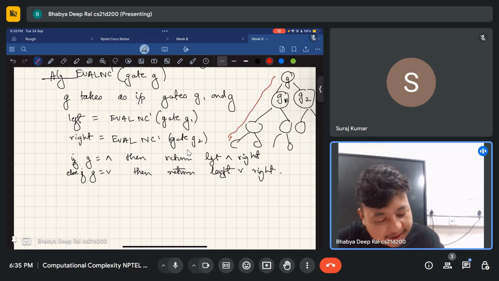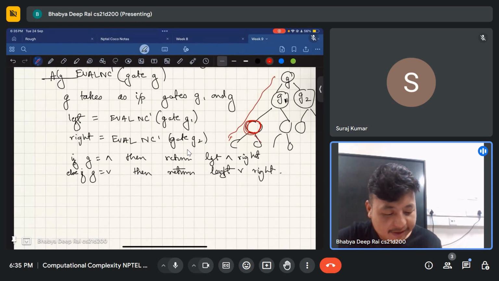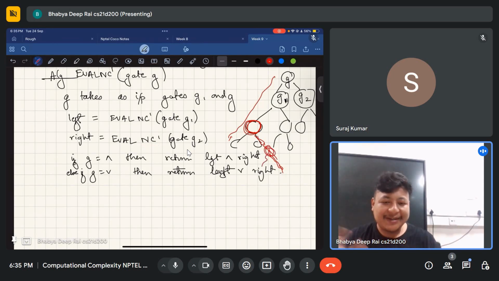I go down this path, and let's say I want to find the output of this gate. Then I'll do the left-right business once again. So this is all recursively happening. I'll do the left-right business once again, come to the conclusion, and then do the left-right business for each of the following gates and so on, and then fix the value of this. So I'm not actually only talking about one path.